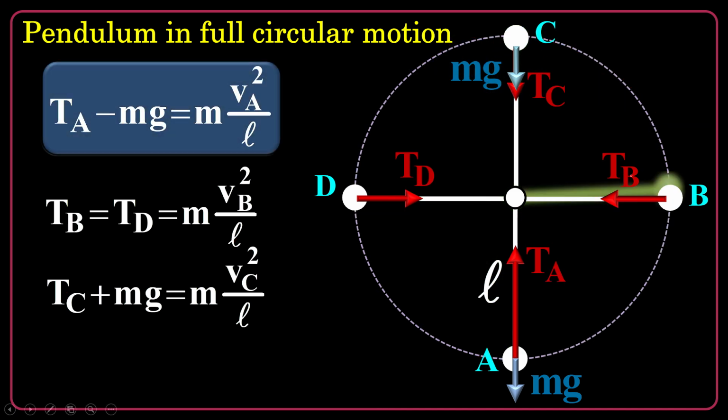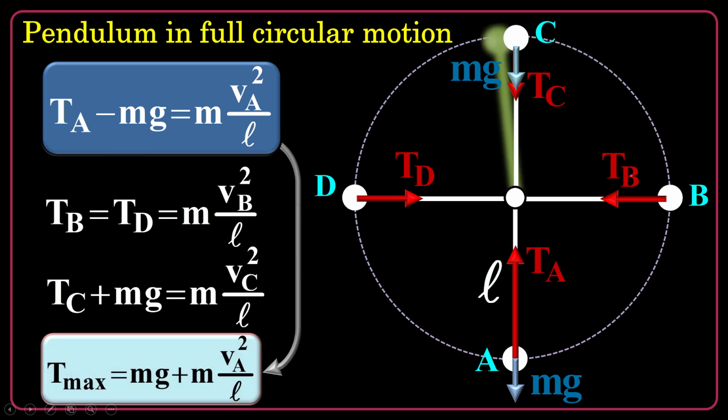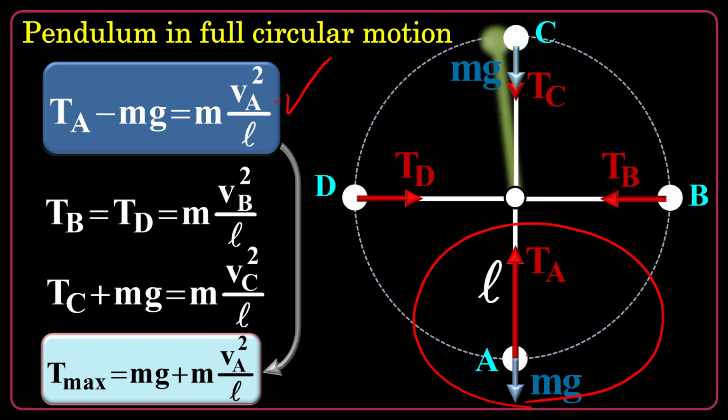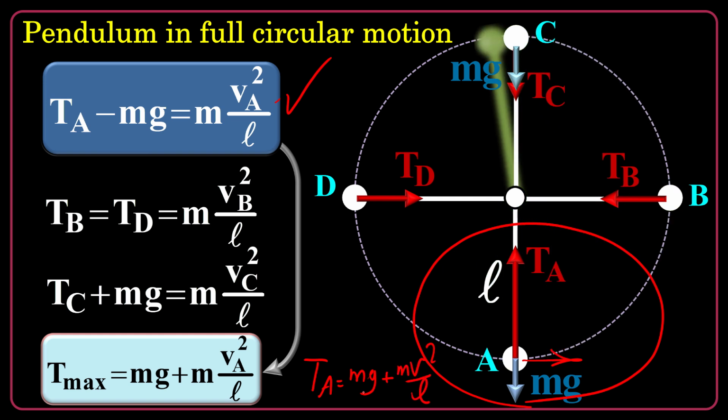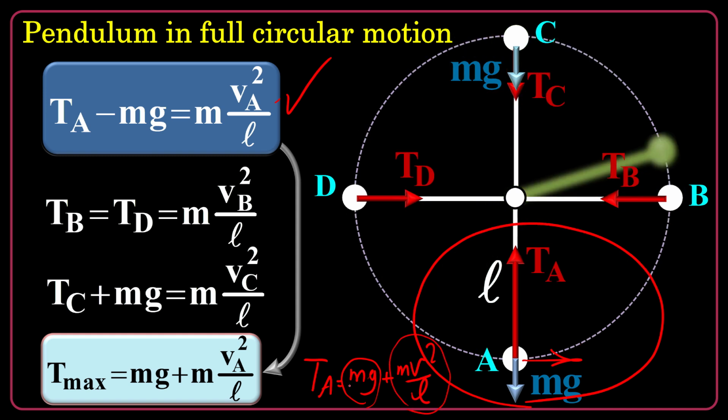Anyway, here I can write it as here and at the bottom point to be the maximum tension. The reason, because at the bottom point, the object has maximum speed, and as you see, TA seems to be mg plus mv squared over L. Here mg is added up to Fc, mv squared over L, and more than that, v is maximum.